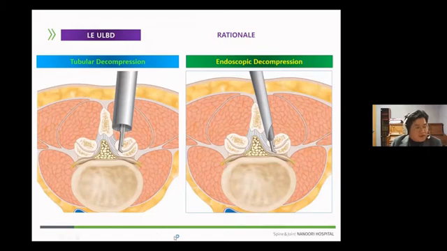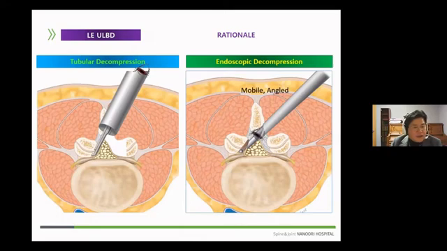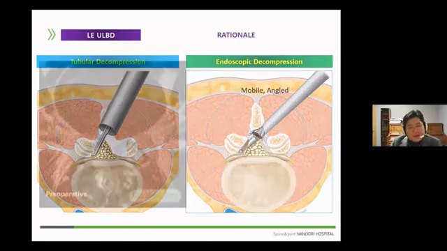Compared to existing open surgery, endoscopic decompressive surgery has the advantages that a mobile and angled approach is possible, access to deeper areas is possible, and there is a clear surgical field of view because it is fluid-based surgery.